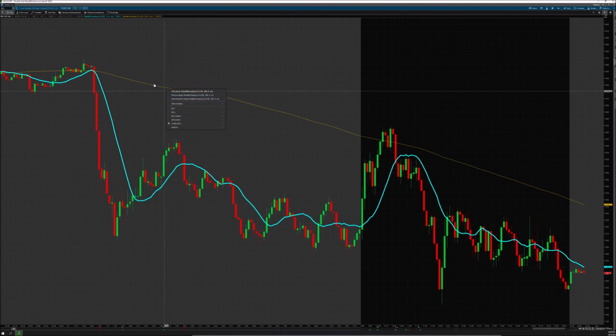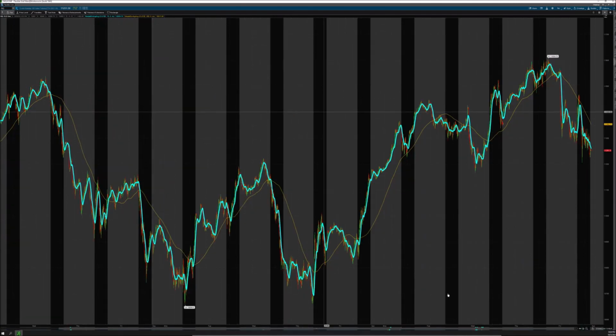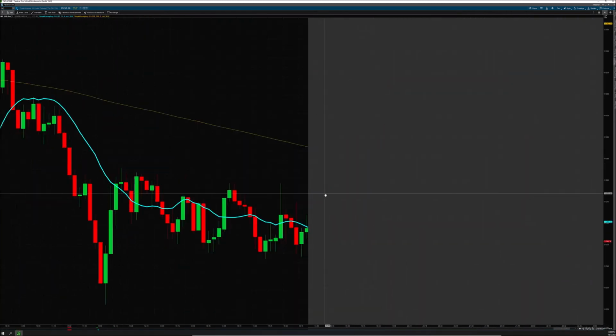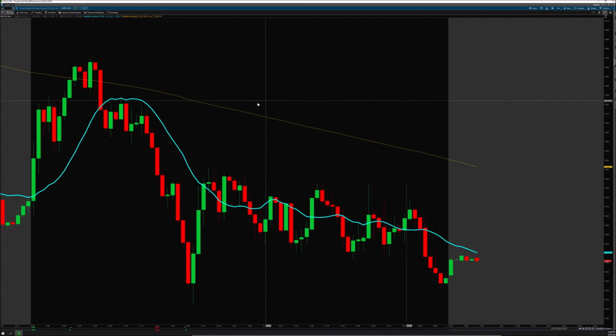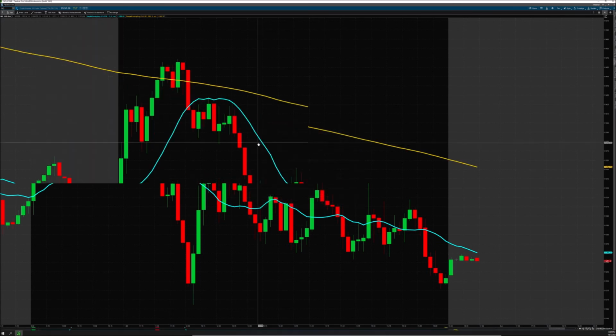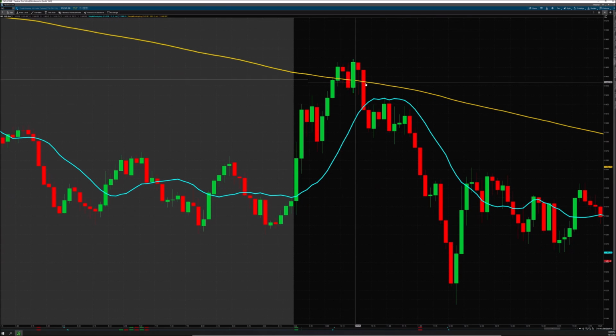Let me make this bigger. All right, so the 200 could act as support or resistance.